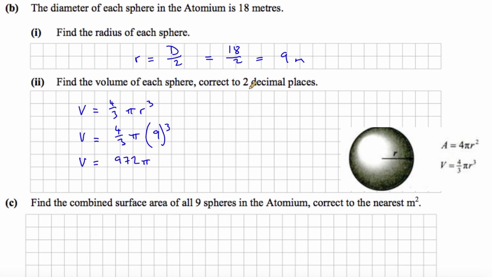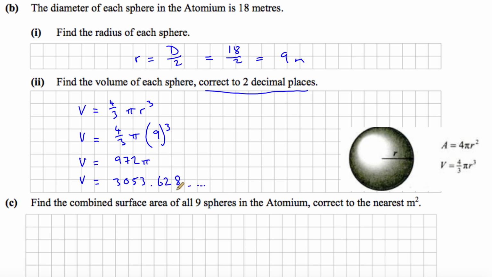Now they want it correct to 2 decimal places, so when I get 972 pi, and I press the SD button, that will give me 3053.628, and on it goes.